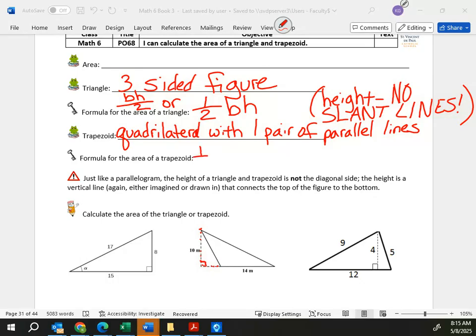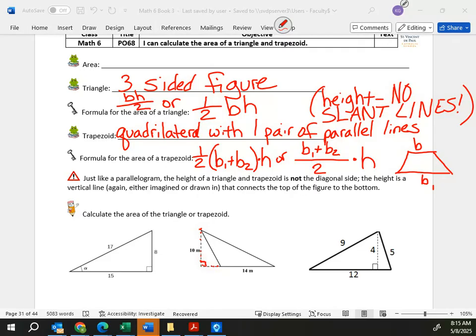This one you could say 1/2 of base 1 plus base 2 times the height. Or we could put that base 1 plus base 2 on top, divide it by 2, and then multiply it by the height. So remember that trapezoid, our 2 bases are those parallel lines. So this would be base 1, this would be base 2, and the height makes that right angle.